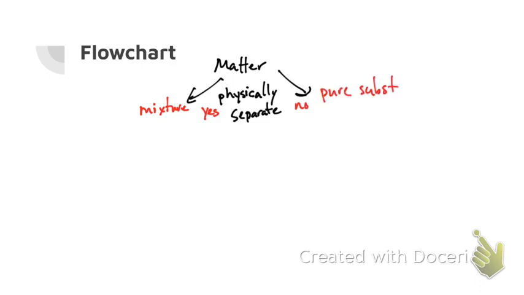There are two types of pure substances. A pure substance can either be an element or a compound.